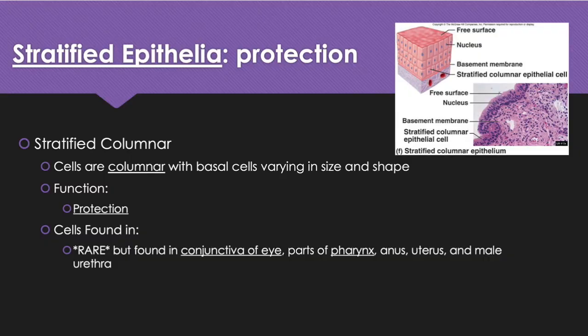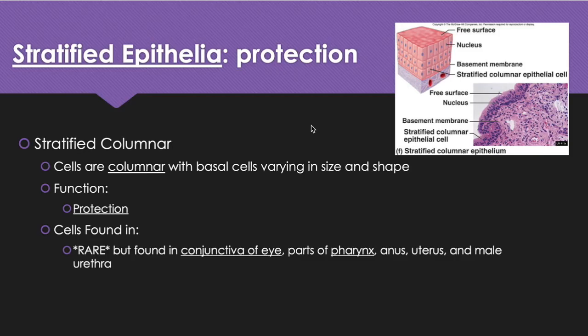Still looking at protection, we have stratified columnar. These cells, again, are going to be columnar shaped. So you can see up here, they have more of a column shape up top. And the basal cells, the lower level of cells, can be varying sizes or shapes. It could be cuboidal, it could be squamous. Again, the function here is protection.